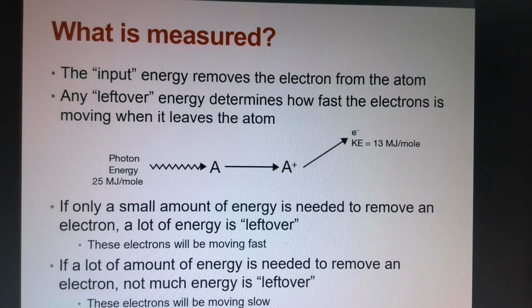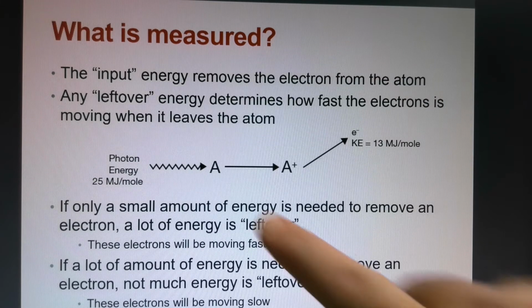So what is measured? We send a beam of energy at an atom, and any leftover energy determines how fast the electrons are moving when they leave the atom.